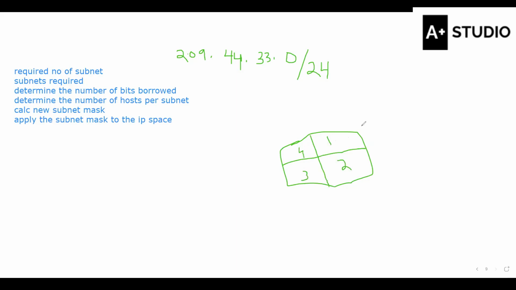Each of these is a subnet of the whole network. So it is simply dividing a bigger network into sub-networks out of the main big network. That is subnetting.